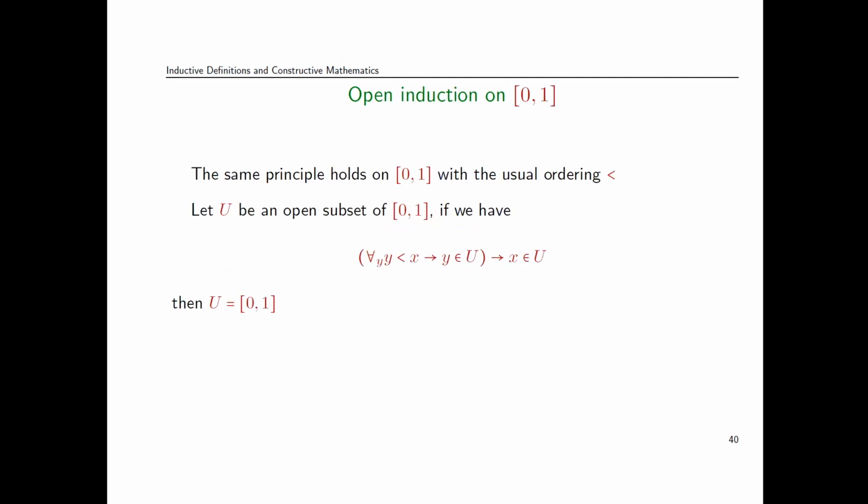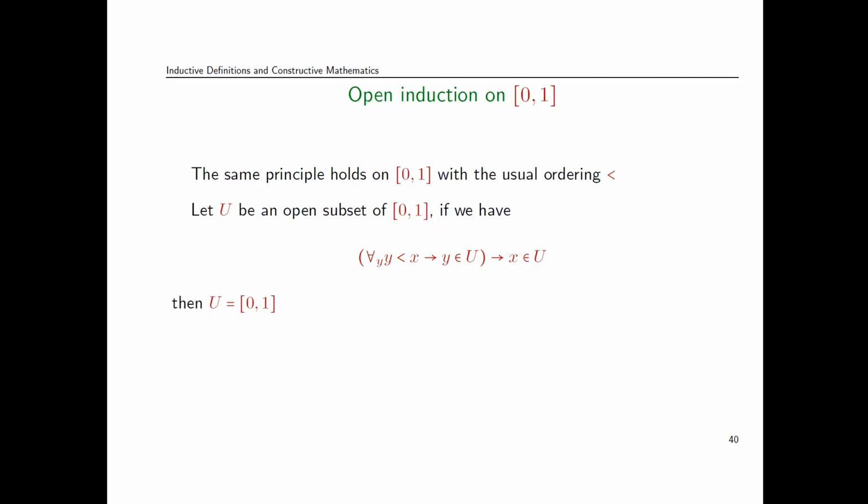Another form of this open induction is on real numbers. It's the same: the ordering on 0, 1 is not well-founded for real numbers, so the principle of induction is not valid. But actually, it is valid if you consider properties that are open. Classically, the way to prove this is as follows.